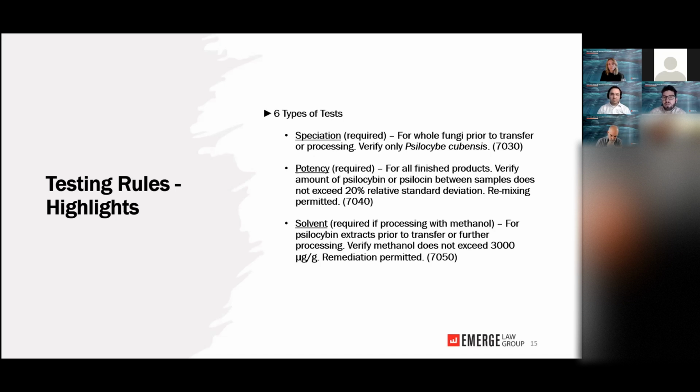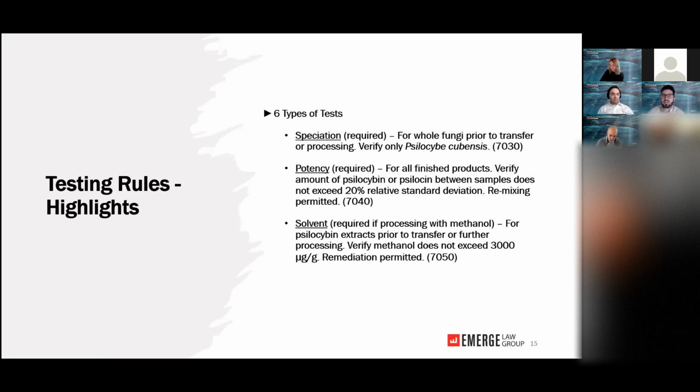The second test, which is also a required test, is for potency, and that applies to all finished products from whole fungi, the dried fungi, to extracts to edibles. And that is simply to verify that the amount of psilocybin or psilocin between samples of each test does not exceed 20% relative standard deviation.